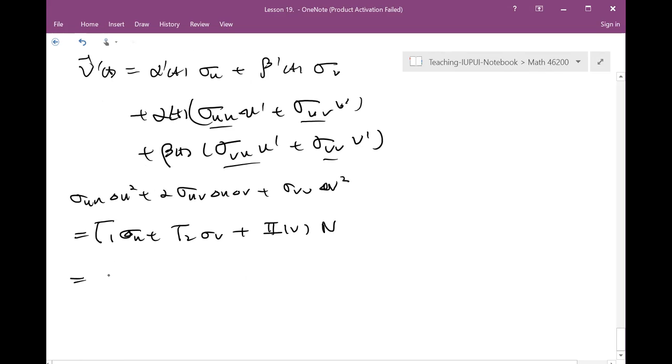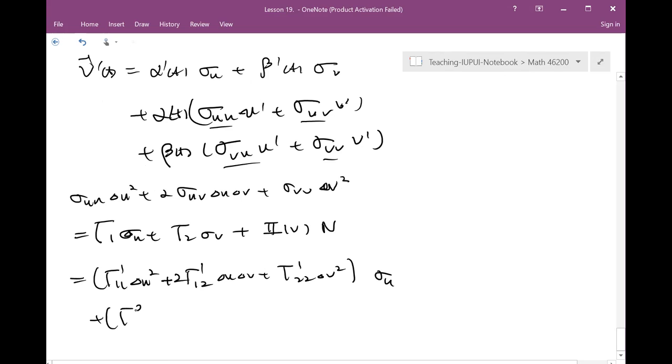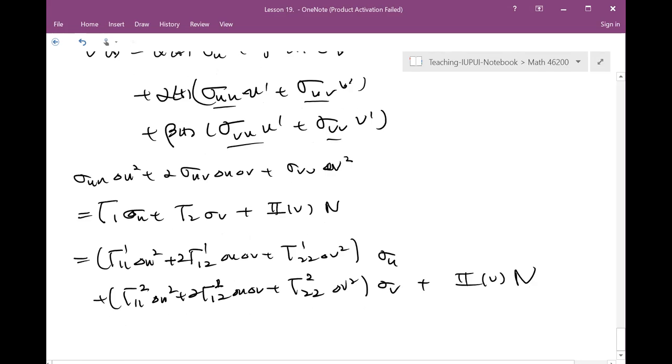What we need to worry about is here: gamma 1 1 delta U squared, gamma 1 2 delta U delta V, gamma 2 2 delta V squared, sigma U. There's an additional part we don't need to worry about.